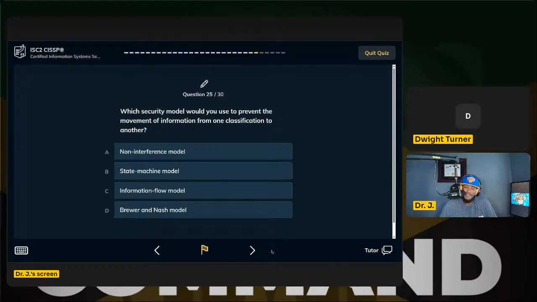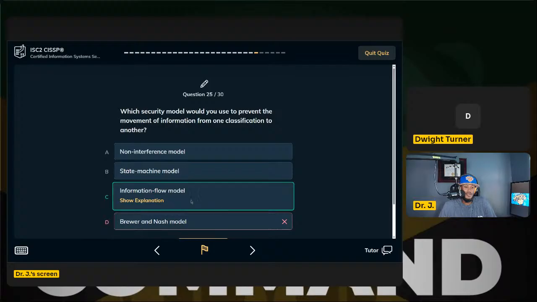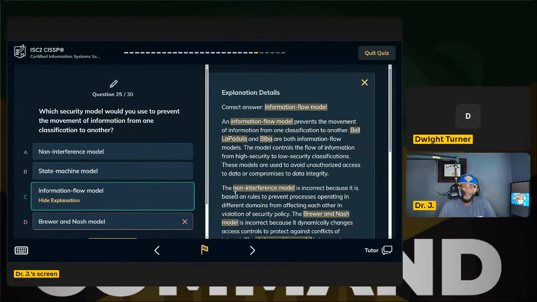Oh, Brewer and Nash. I'm not sure. I'm gonna go with Delta, but I'm not very confident with this. It was information flow. Golly.